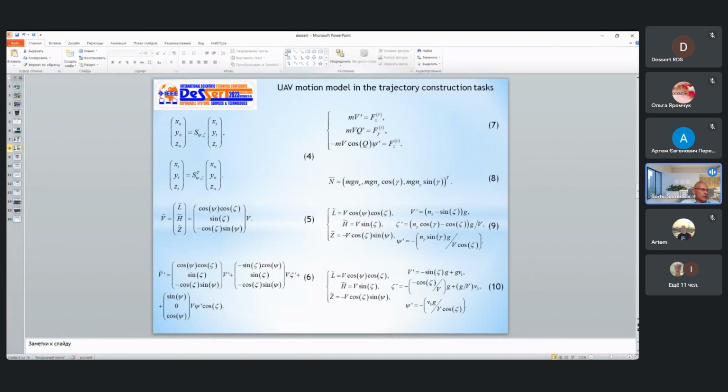If the vector F is decomposed in the trajectory coordinate system, it can be obtained in the system. According to Newton's second law, we can form a system of equations that determines the position of the material point in three-dimensional space, 7.